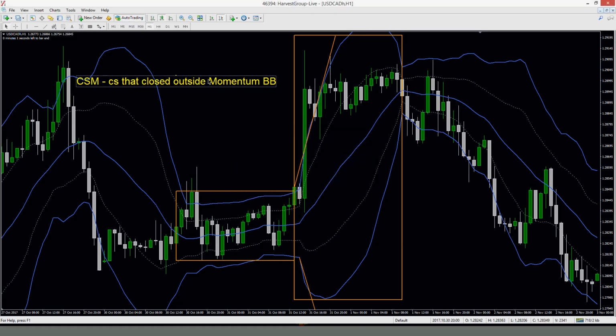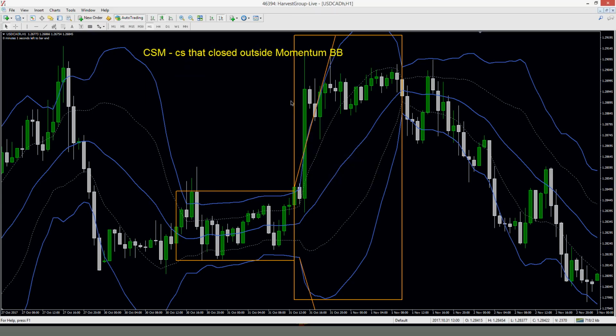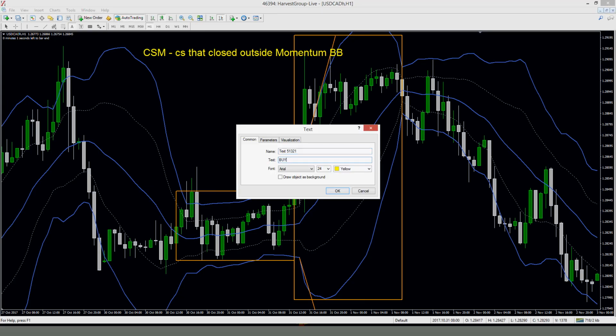So now this is the definition of a candlestick momentum: a candlestick momentum is a candle that closes outside the momentum BB. I already showed you the momentum Bollinger Band where both top and low BB are open, and what you have here is a candlestick that closes outside the Bollinger Band, because you need to understand that this candle is a buy candle.